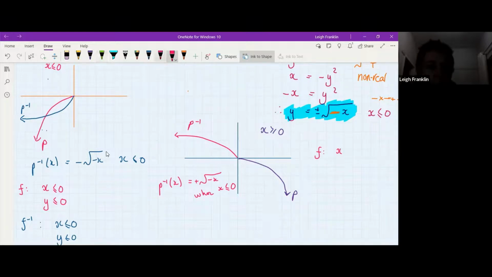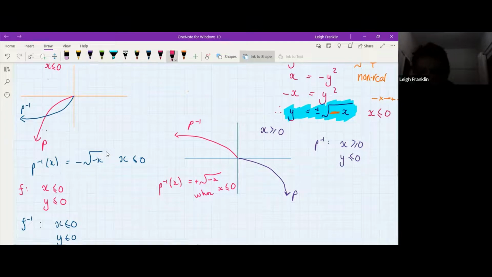Let me just write the correct color here, otherwise I'm going to get myself confused. Okay, purple, we switched over. So here for this one, this is where x was greater than or equal to 0, and y has to be smaller than or equal to 0.